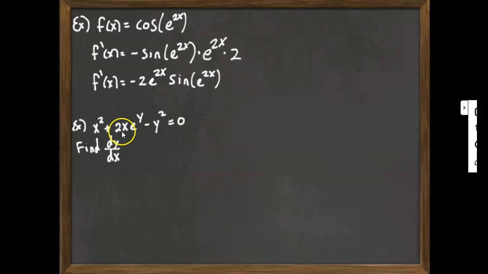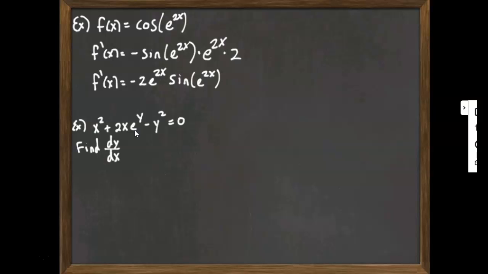Remembering anything that's next to each other, that's multiplication, so we have to use a product rule. And then remembering anytime we differentiate something with respect to x that isn't with x as a variable, we have to invoke the chain rule and put in this case, y prime or dy dx.